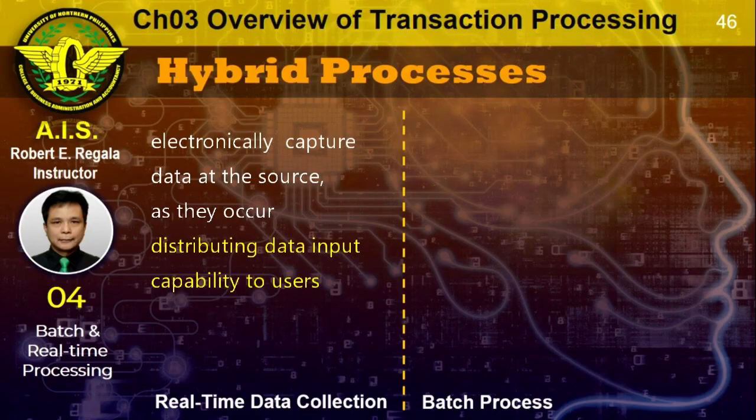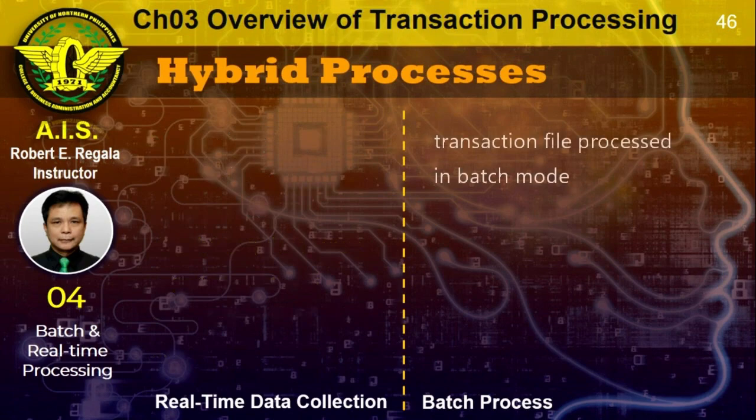By distributing data input capability to users, certain transaction errors can be prevented or detected and corrected at their source. The result is a transaction file that is free from most of the errors that plague older legacy systems. The transaction file is later processed in batch mode to achieve operational efficiency.